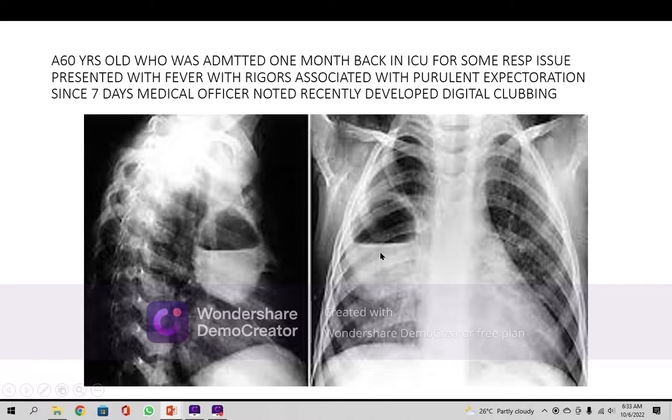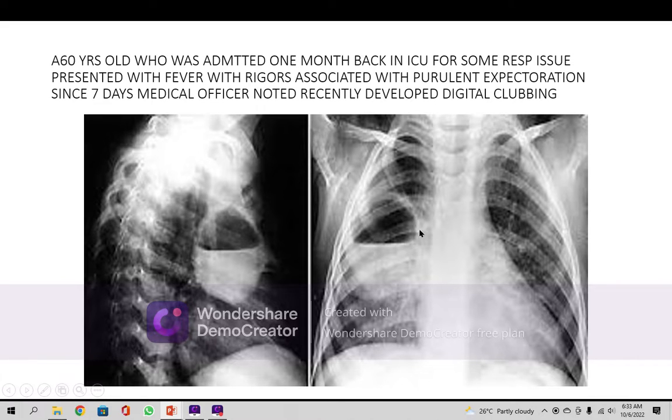Another possible differential, sir, is the amoebic type of abscess, secondary to hematogenous spread. Amoebiasis in this part of the world is a common one. The lesion is very big. Another possibility, another parasitic infection, is Echinococcus granulosus, that is hydatid cyst.